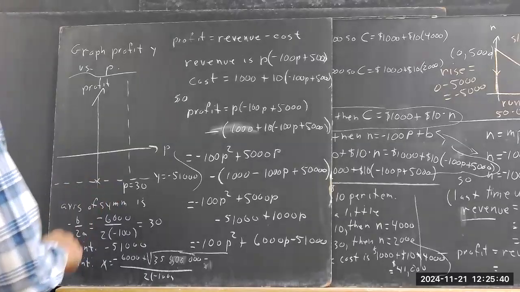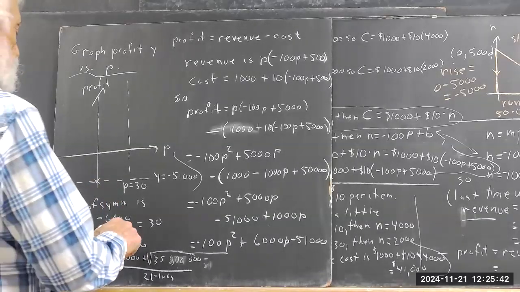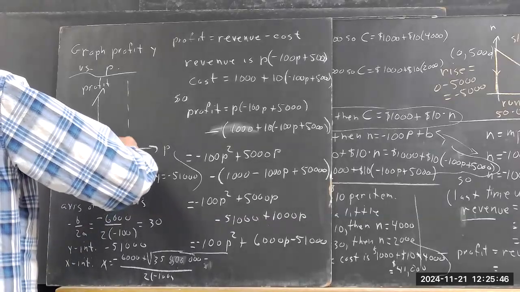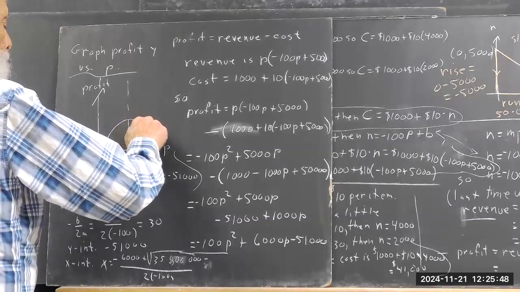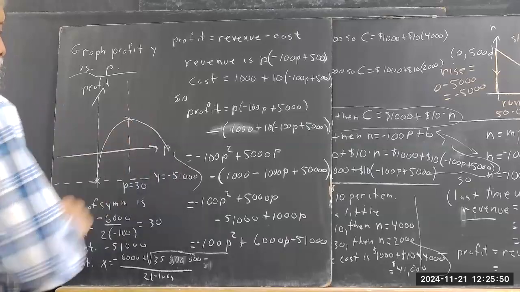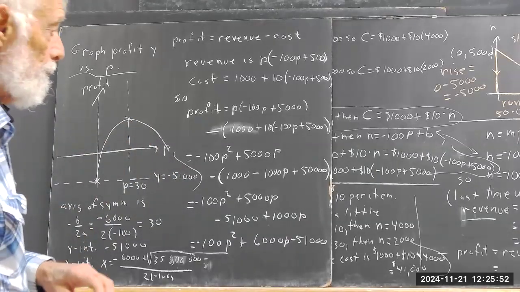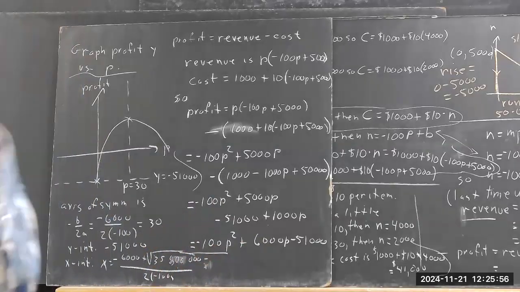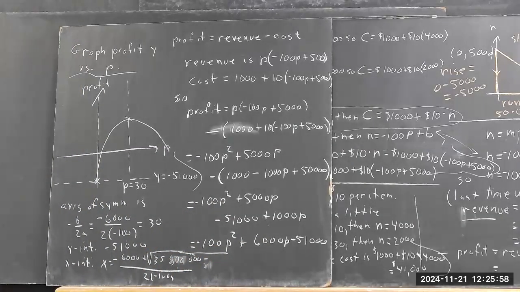Okay, so you've got your y-intercept here, and you're going to get a graph that takes your axis of symmetry. And that's how you do it. Somehow those numbers aren't working right for me.